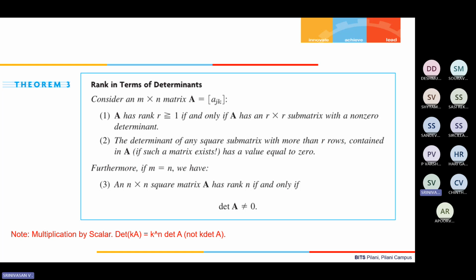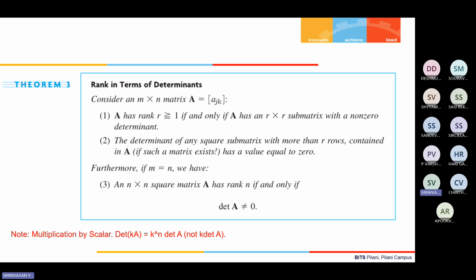We said in the beginning, multiplying any row or column elements by a constant, and then if you do the expansion, you will just get c into determinant A. So naturally, you will feel like k into determinant A. It is not the case here.